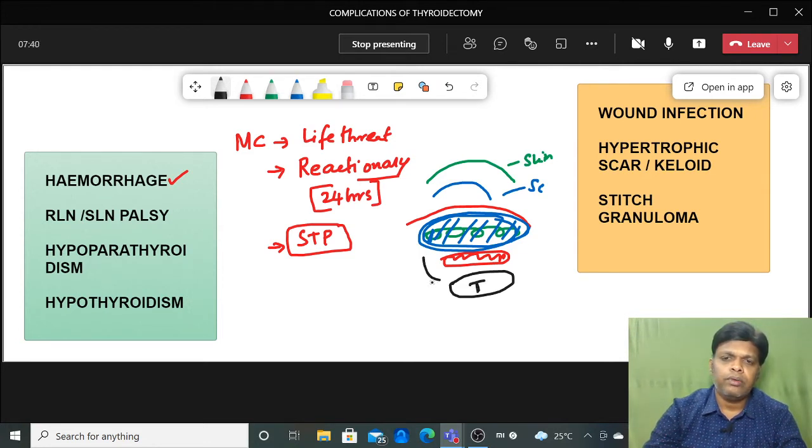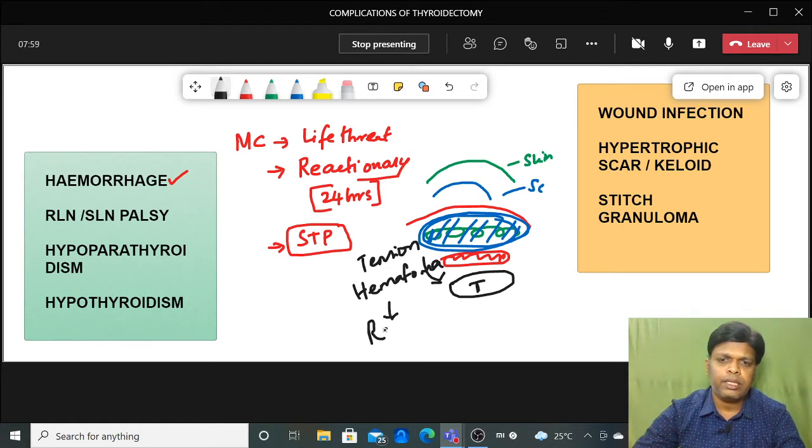This condition is called tension hematoma, and ultimately it produces compression over the trachea, which leads to respiratory obstruction. The patient will present with stridor, not able to breathe.